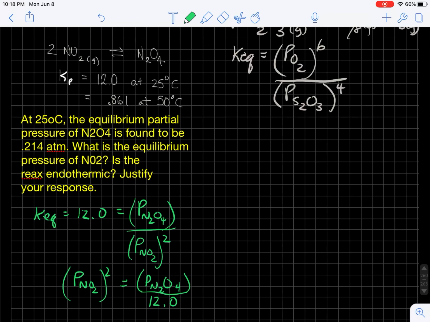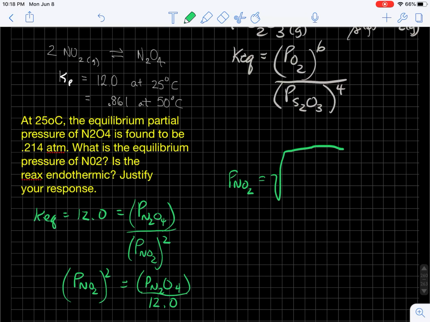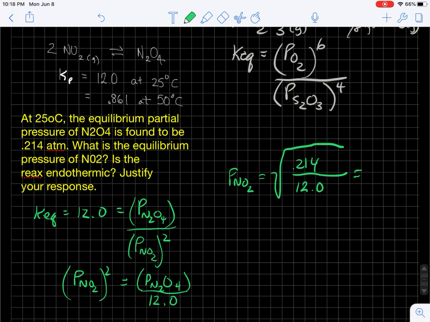So the partial pressure of NO2 is the square root of the partial pressure of N2O4, which we already know is 0.214 atmospheres, over 12.0. So this comes out to be 0.214 divided by 12. I get 0.0178. Let's take the square root of it, and we get 0.134. So this would be 0.134 atmospheres.